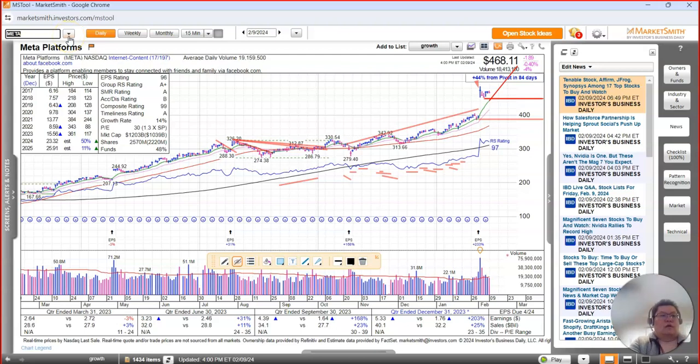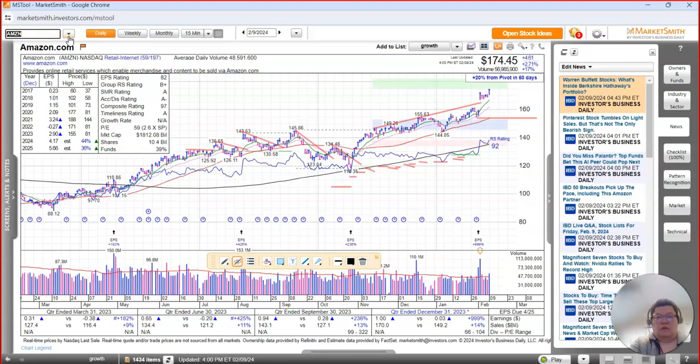And then we have Amazon. Amazon continued to move higher. You can see it's starting to reach the 20% mark, and the 10-day slope looks like this. It didn't even try. I talk about this all the time: a strong indicator of a chart is looking at whether it tried to come to the 10-day or not.